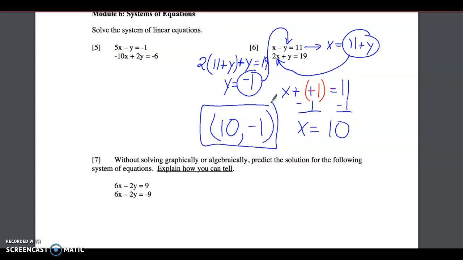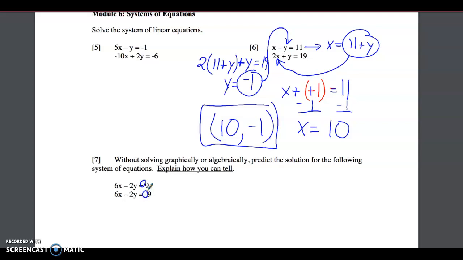Number 7, you're making a prediction, without graphing it, without substitution, just predicting what the answer will be to this system of equations. When I see that these equations both have 6x and are identical all the way through, the only difference is the +9 and the -9.